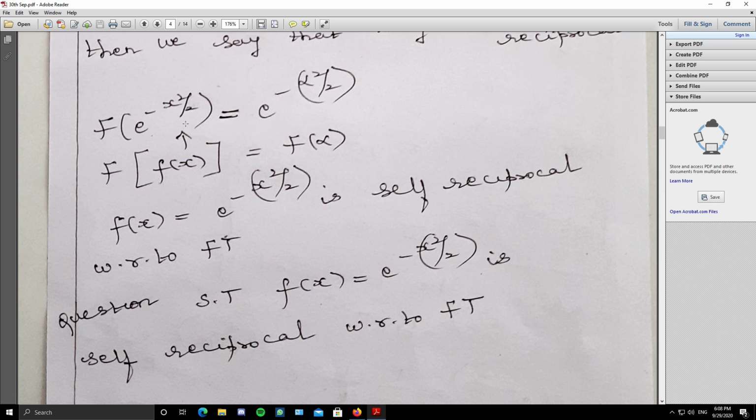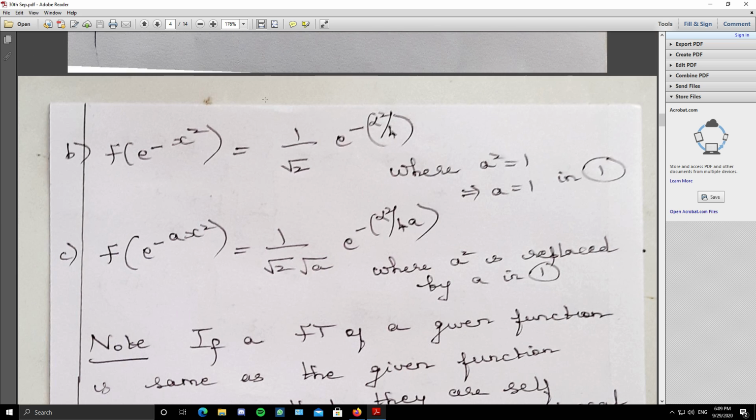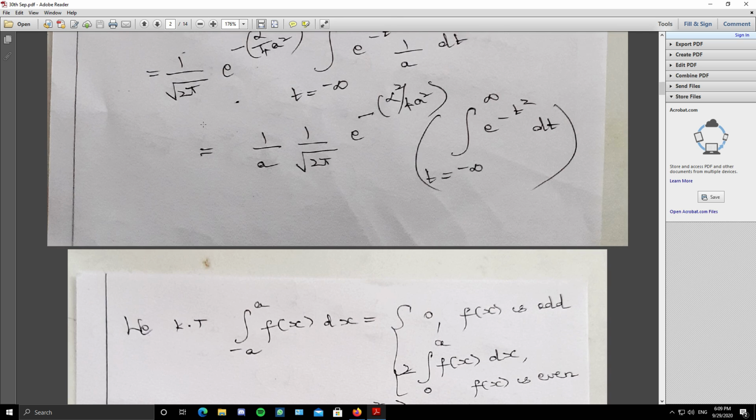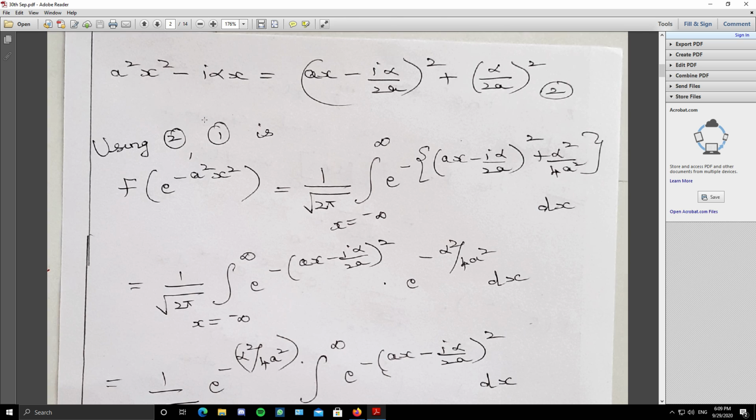So these are self-reciprocal. F of x is self-reciprocal with respect to the Fourier transform. If the Fourier transform of a function is same as the given function, we say that they are self-reciprocal. So they can ask you, show that f of x is self-reciprocal. For this you have to write the proof of this question plus deduction part.